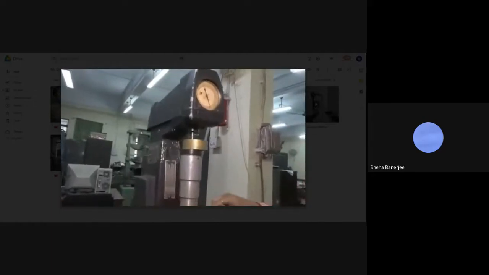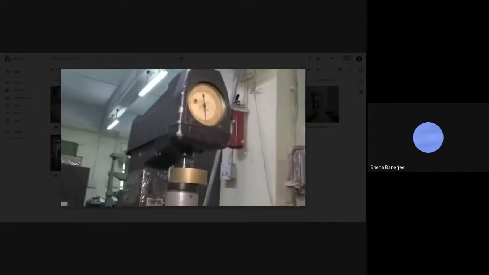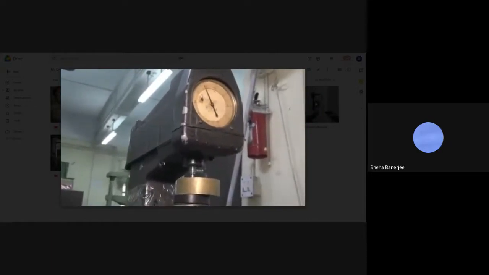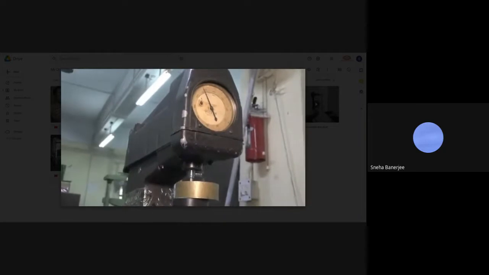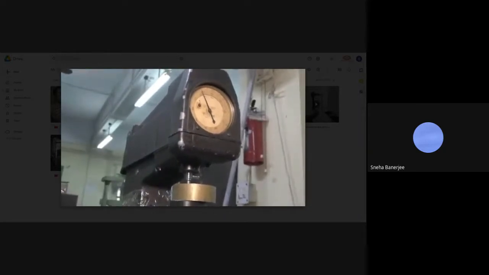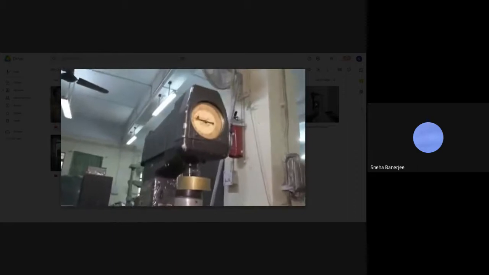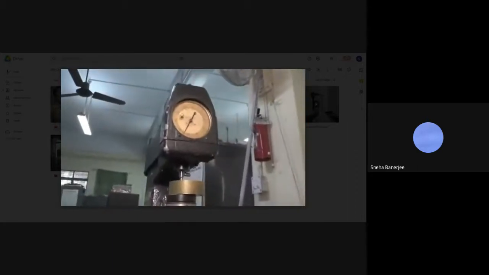Please ensure that it is not on a previous indentation. The indentation should be on a fresh surface. The same method, you can see. Putting the 100 kg load, fine.